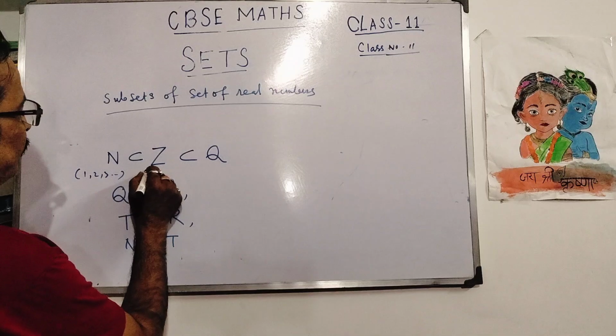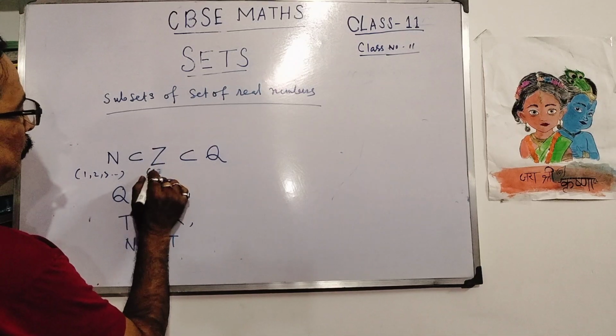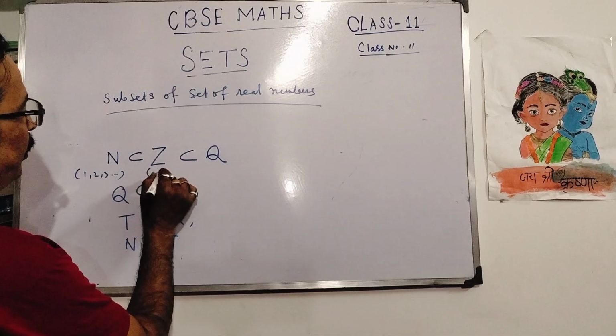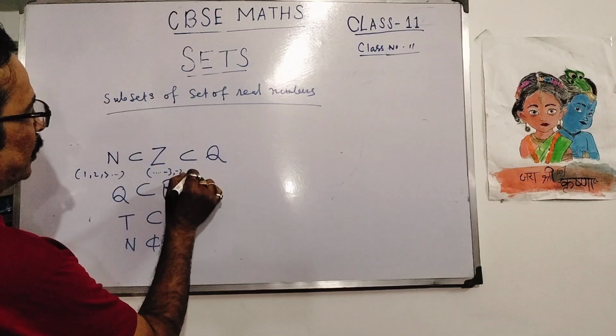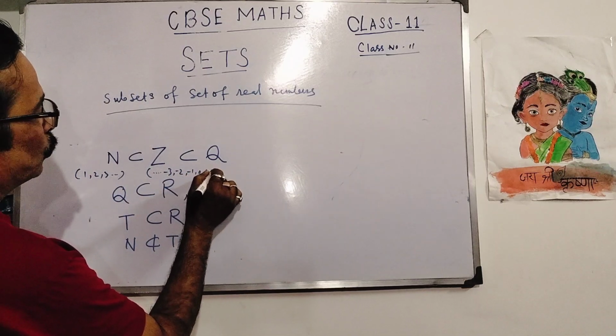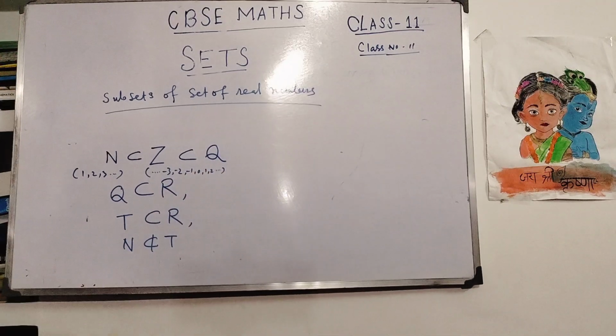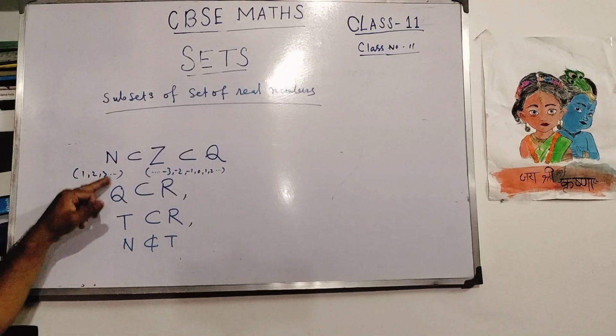Z means minus infinity, minus 3, minus 2, minus 1, 0, 1, 2, up to infinity. N has elements 1, 2, 3 and so on.